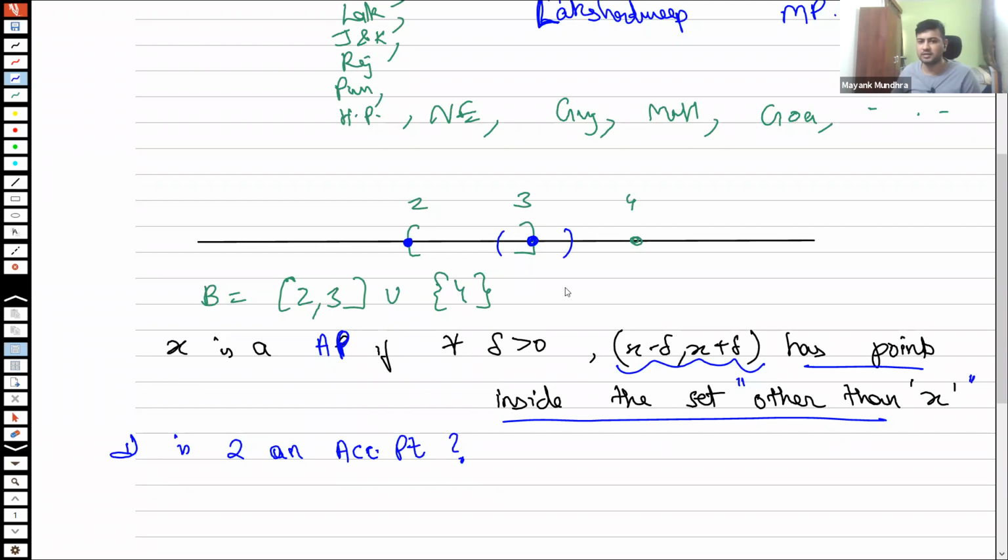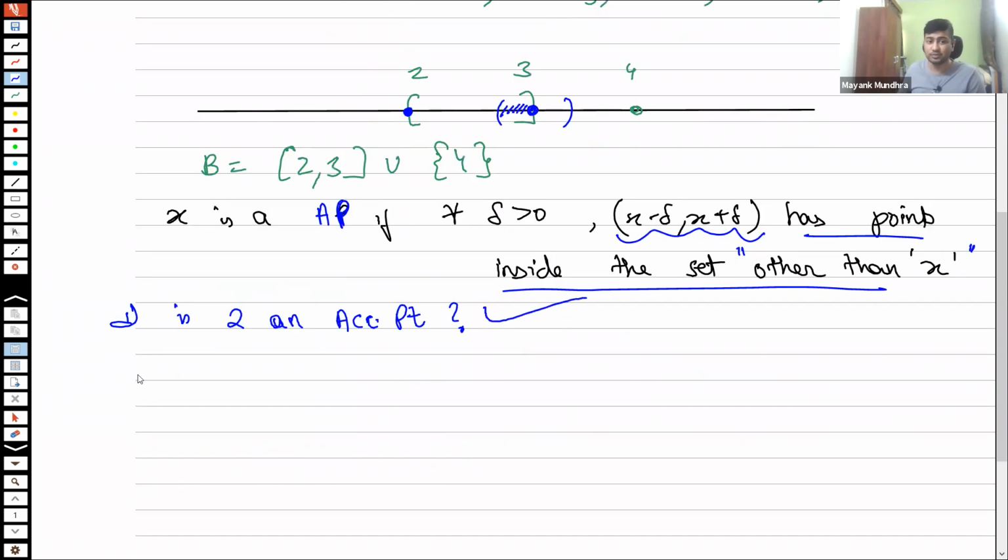No, it says that this set should have points inside the set. As you can clearly see, the points to the left are inside the set. Right, so it is an accumulation point. So 3 is also an accumulation point.